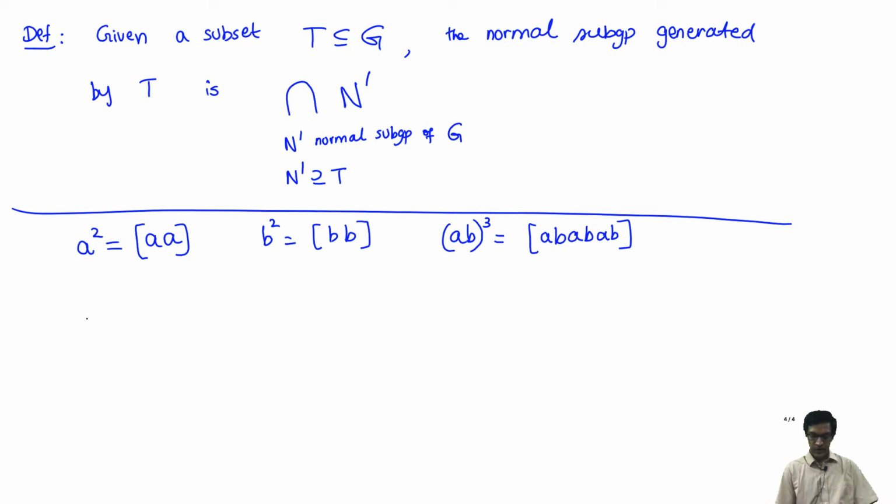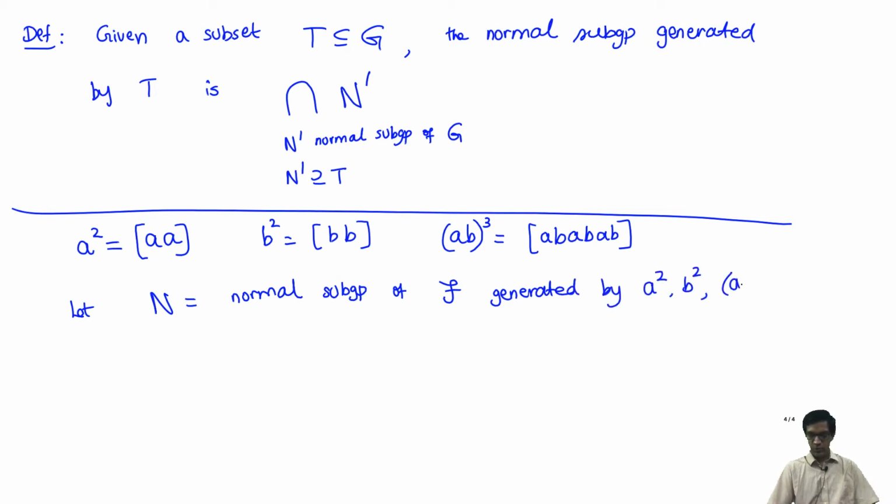Okay. So let N be the normal subgroup generated by these three elements, by A squared, B squared and AB whole cubed.